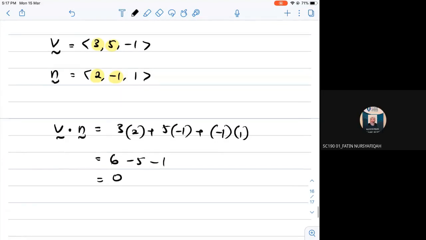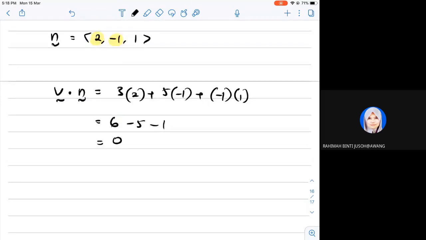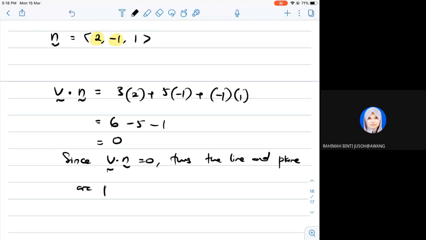Parallel. Therefore, since V dot N equals to 0, thus the line and plane are parallel. Maksudnya dia tak intersect lah. Not intersect.